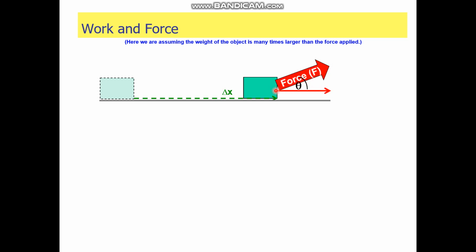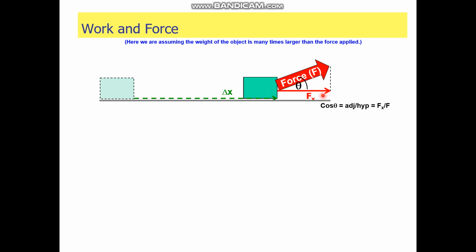So now we have a force which is at an angle to the displacement. We are going to have to work with the component of this force in the direction of the displacement, which I'm going to call Fx, the x component. You might remember from vectors, if you drew this force and its component as vectors, cos of this angle would be adjacent over hypotenuse.